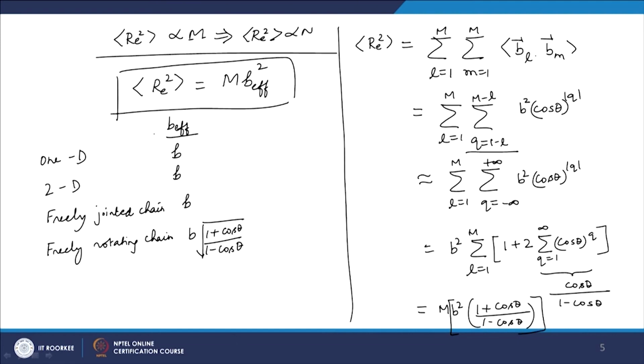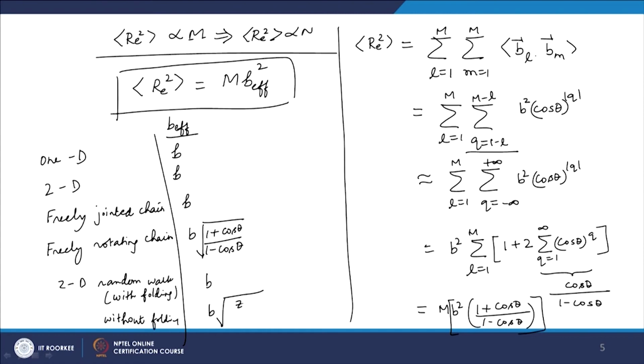And then we did two cases for a general Z-dimensional random walk. If it is with folding, then we had of course B, and without folding, it was B times the square root of Z by Z minus 2.